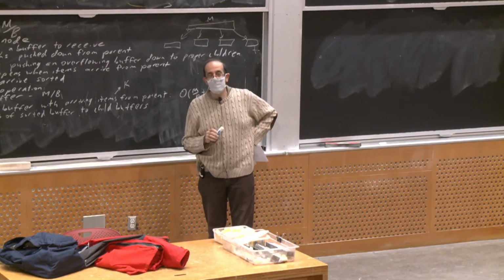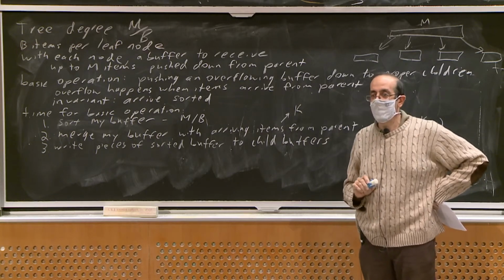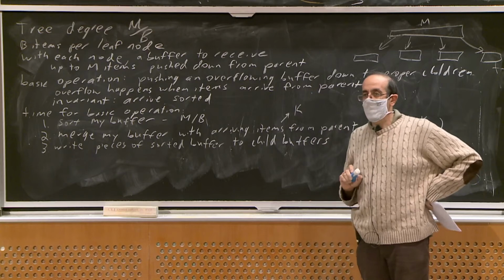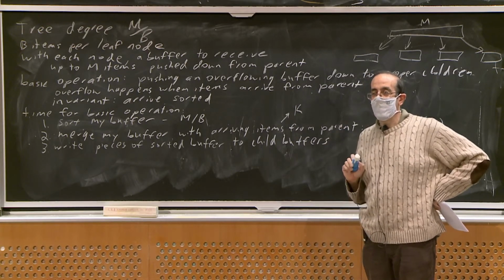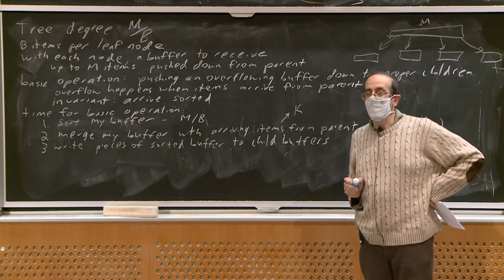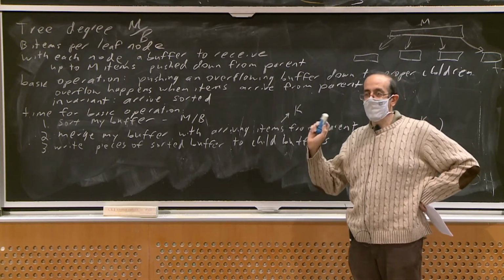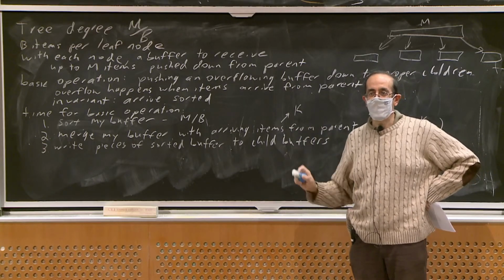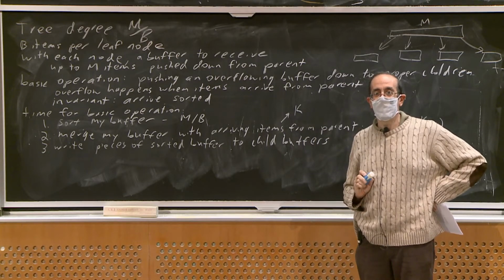Well, this is where we have to be a little bit careful. And this is also the reason for a lot of these strange parameters in the buffer trees. Right? I don't know how many items are going to each child. Some children might get only one item. But even if I send one item to a child, I still have to do a whole block read and write, in order to add that item to the buffer for that child.